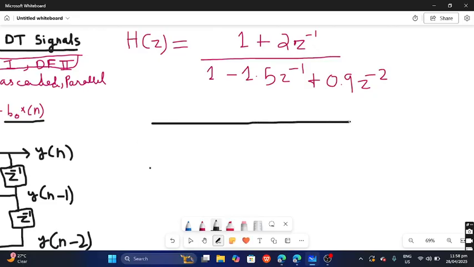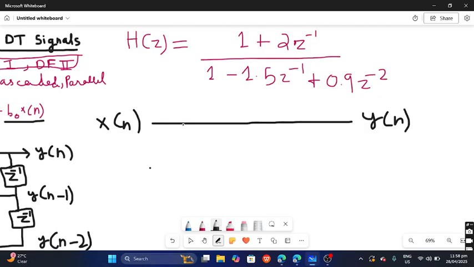Again make a straight line. This is your x of n input, and this is your output y of n. Now first you have to draw zeros.